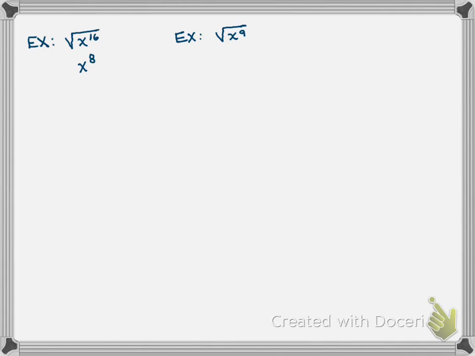X to the 9 over 2. Yes, that is true. It is equivalent to x to the 9 over 2. For our purposes today, we want to simplify these radicals as radical expressions, so we don't want any rational exponents like we had yesterday. Those have their place and they're useful in some situations, but when we're just working with the radicals as radicals, we don't want to have any fractional exponents floating around.